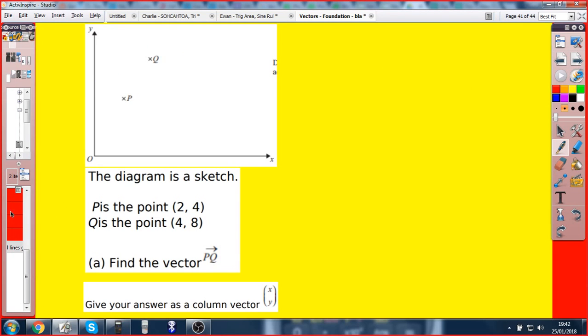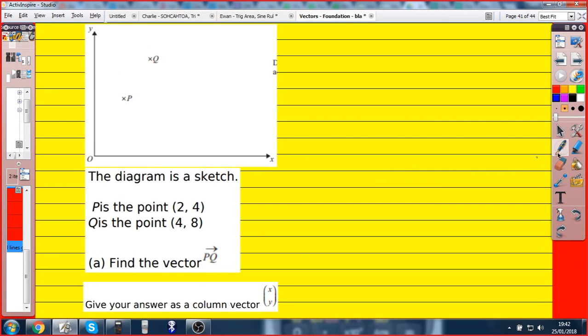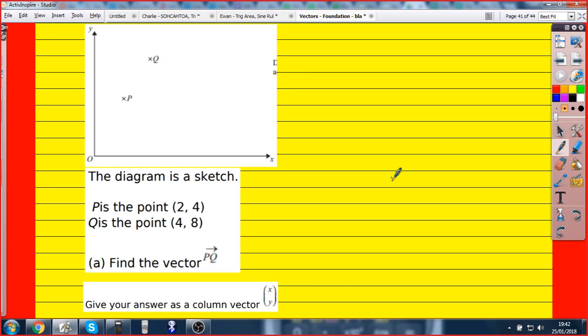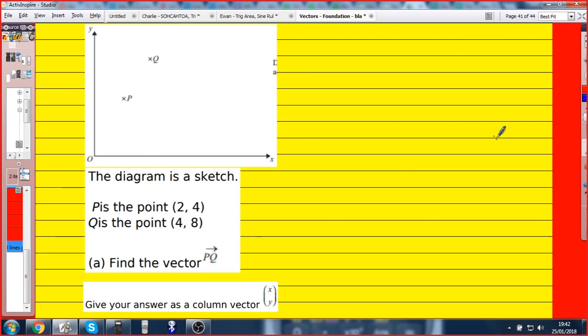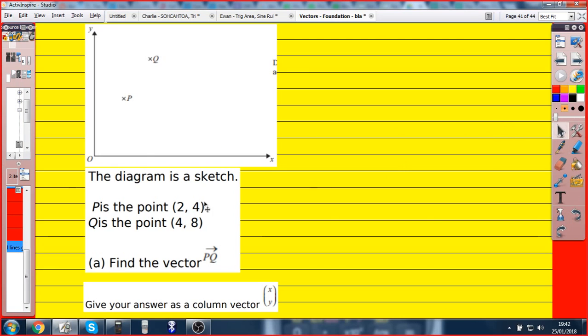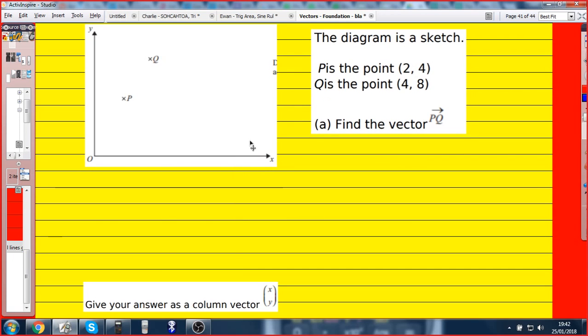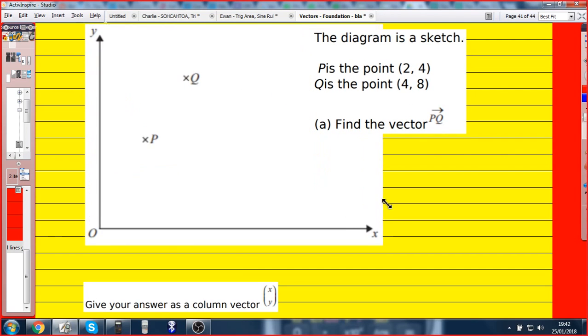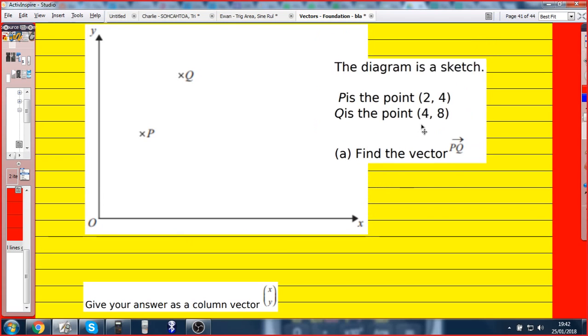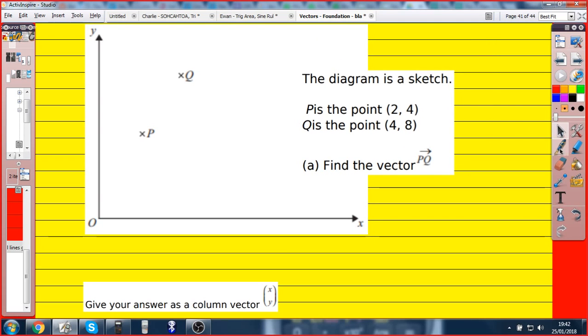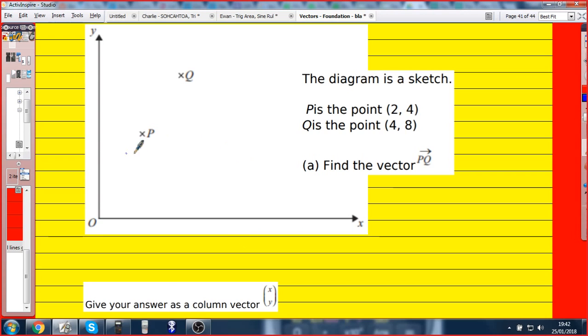Okay, exam question. We have to find the vector PQ. So it's plotted 2, 4.